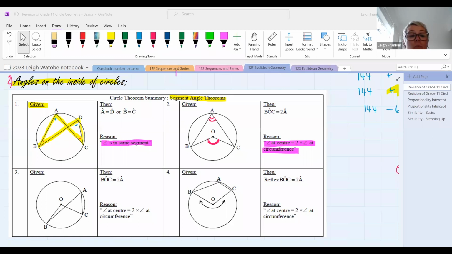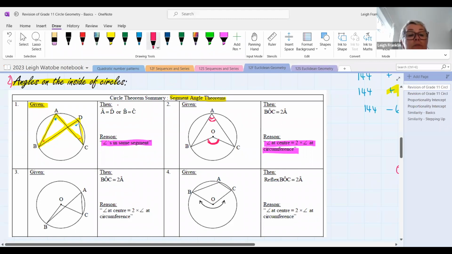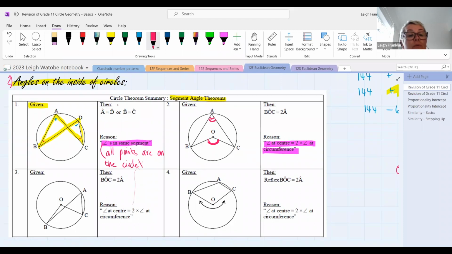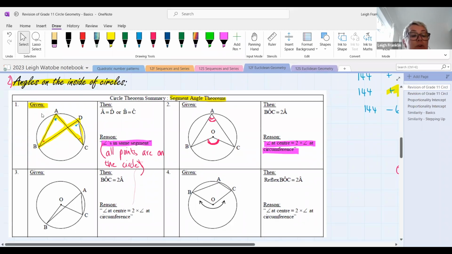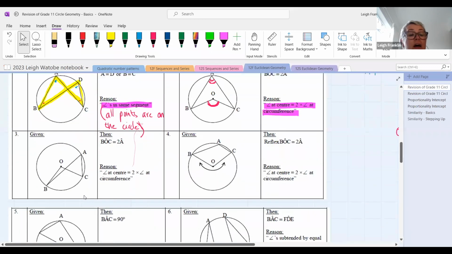Remember, in number 1, for it to be angles in the same segment, all the points need to be on the circle. Here, with angle at center is twice angle at circumference, we've only got 3 points on the circle. The other point, if we could call it that, is at the center.